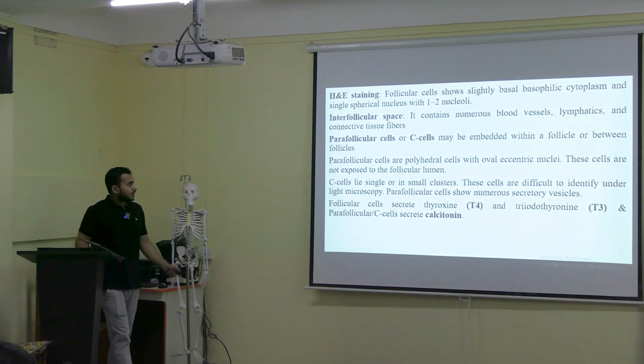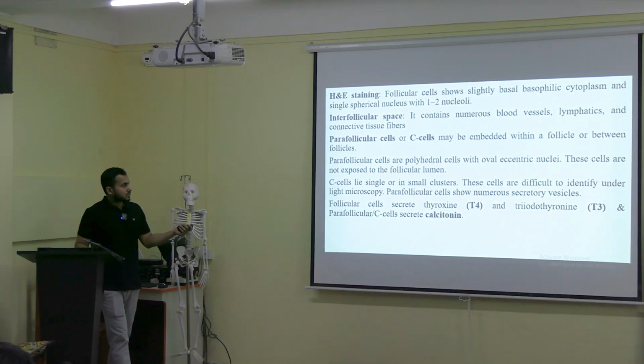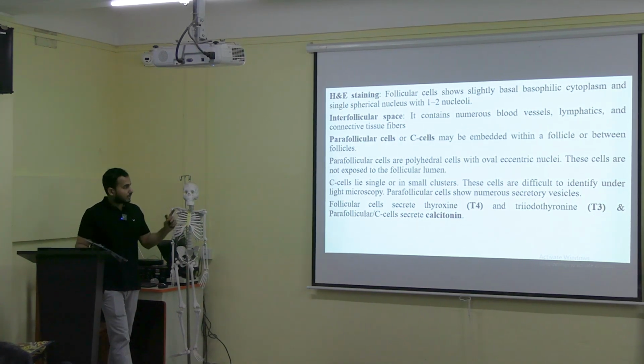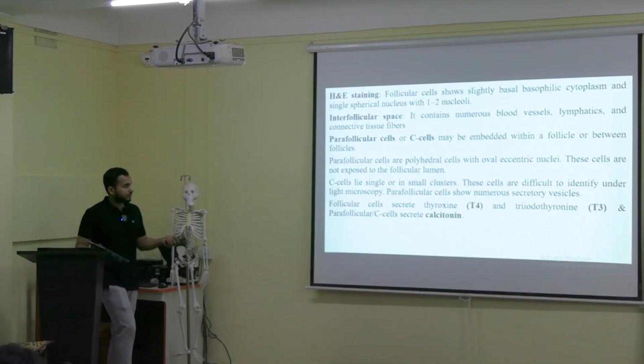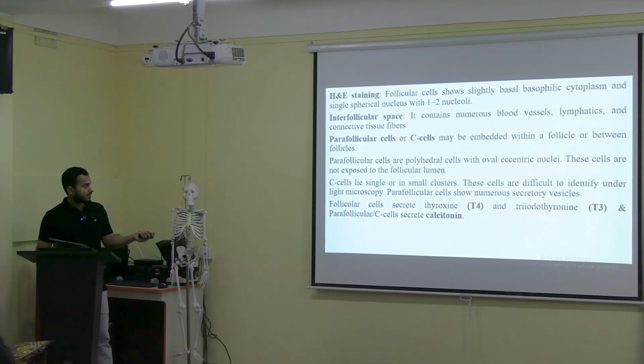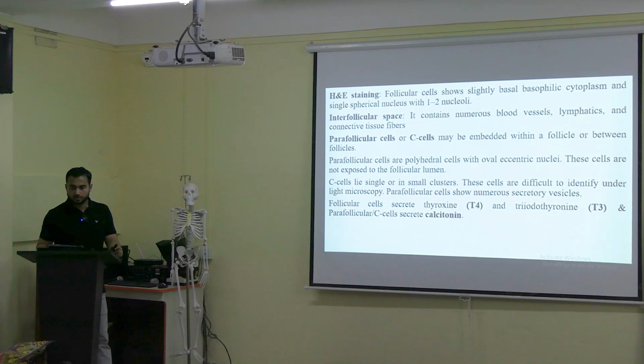Parafollicular cells also show numerous secretory vesicles. Now, what is the function? Follicular cells secrete two hormones, T3 and T4, also called triiodothyronine and thyroxine. And parafollicular cells secrete a hormone called calcitonin. So these are the functions of the cells.